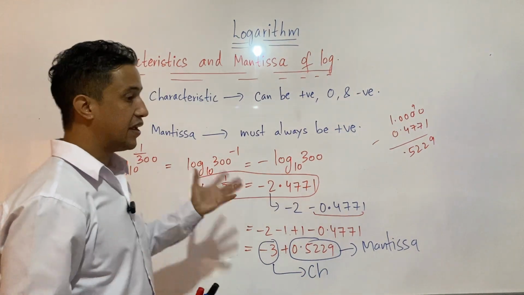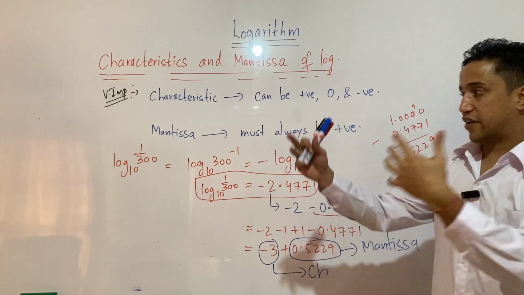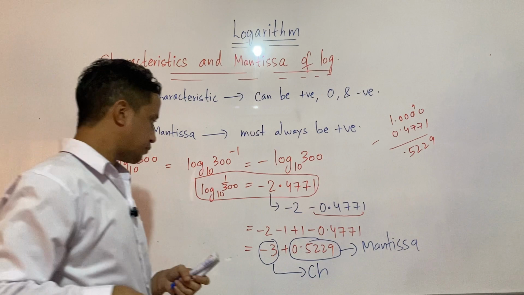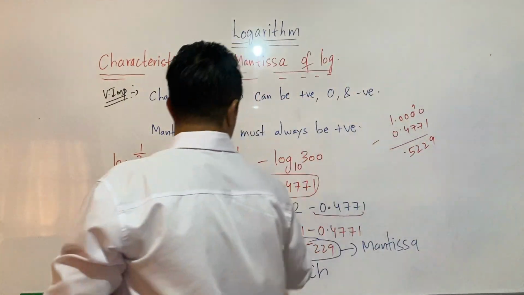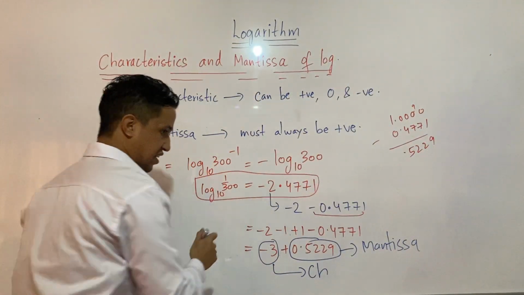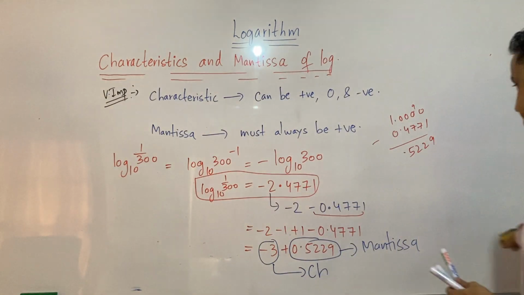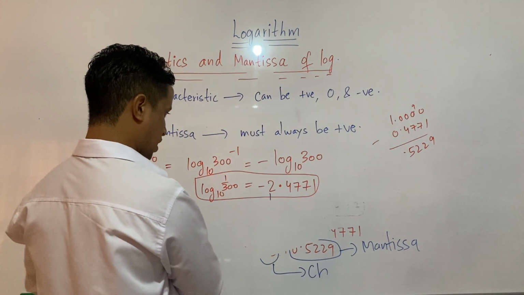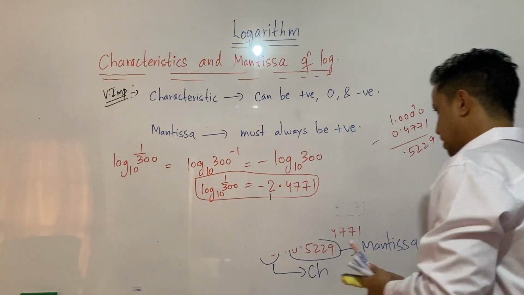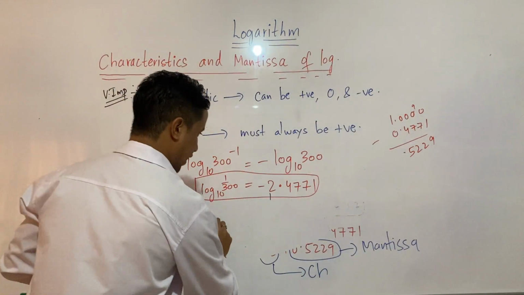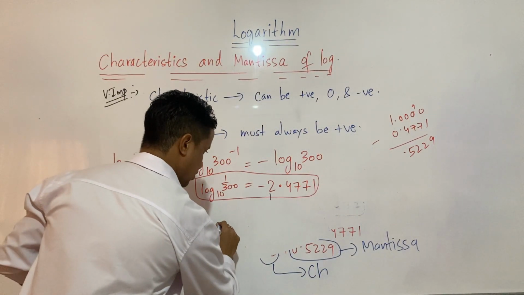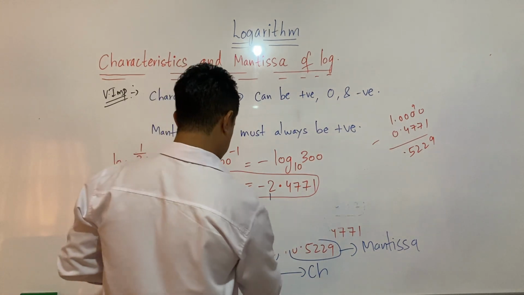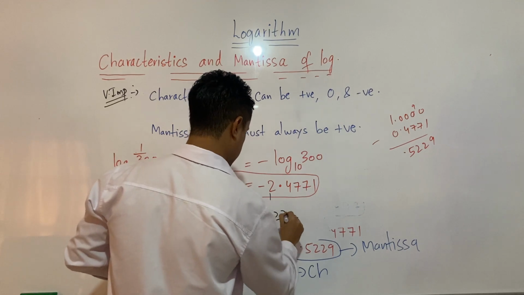Now, I forgot one thing here. This is the value: minus 3 plus 0.5229.